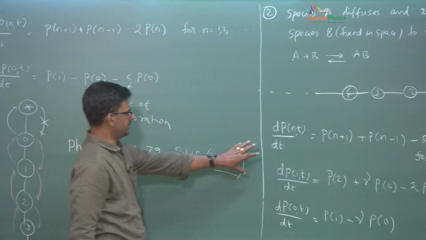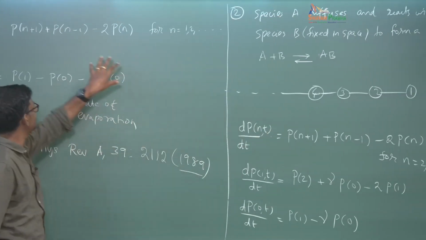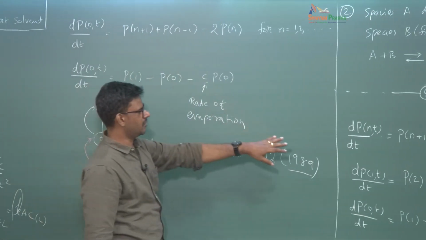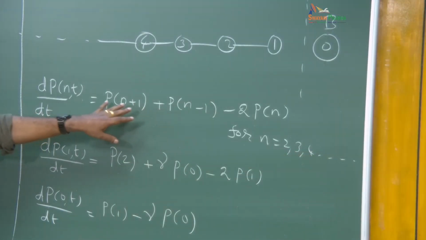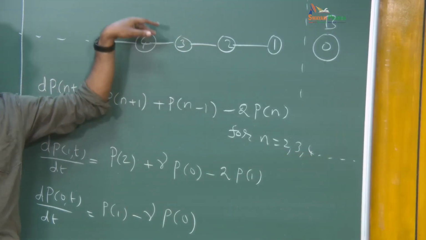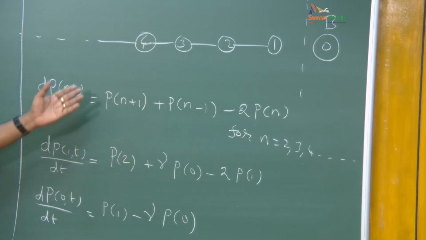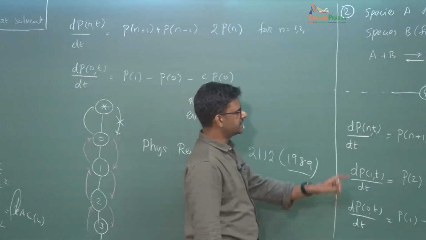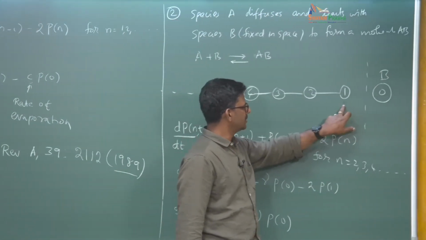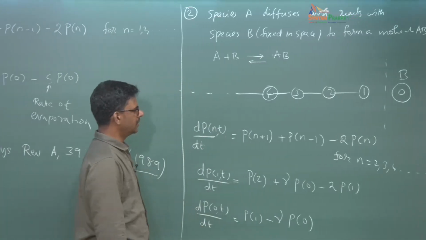So, if you look at this equation, it is exactly the same as this one, talking about a simple one dimensional random walk as long as we are in the bulk. It talks about the forward, backward, unbiased jumps. However, we write separate equations at site 1 and site 0.